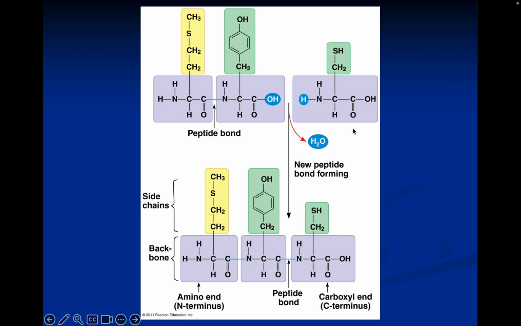You'll need to know the names of the monomers, amino acids, the type of bond that's formed, peptide bond. It's formed by the process of dehydration synthesis, and the product is a protein, or sometimes we talk about polypeptides, would be a long string of amino acids, but not yet a fully functional polypeptide protein.